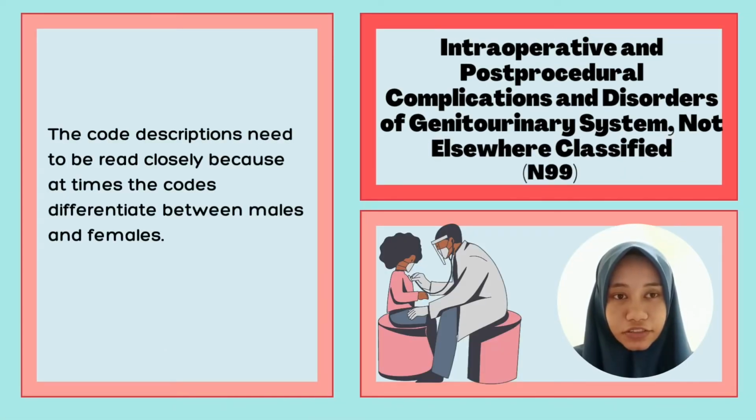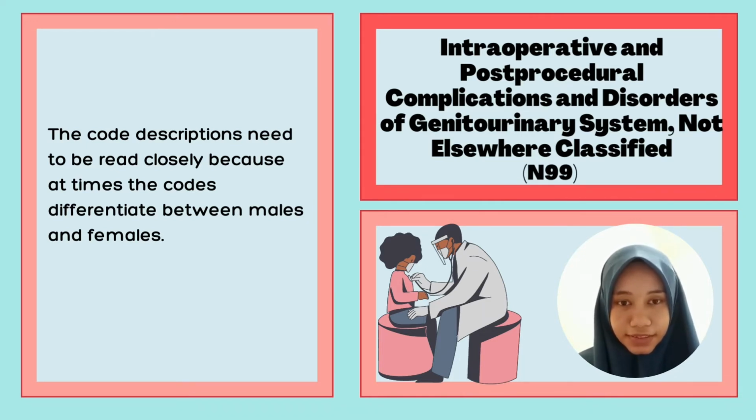Next, intraoperative and post-procedural complications and disorders of the genitourinary system, not elsewhere classified, which is code N99. The code descriptions need to be read closely because at times the codes differentiate between males and females.